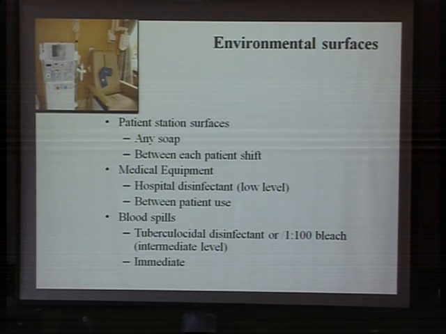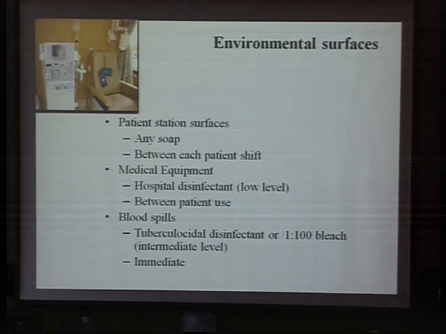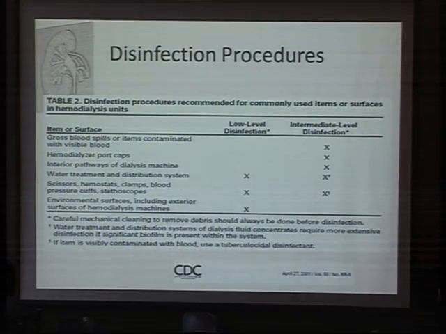So low level if it's not soiled by blood. But if it's soiled, clean, then use an intermediate-level disinfectant, or tuberculocidal agent, or 1 to 100 chlorine solution. The protocol from the CDC is the same as I gave you, the disinfection procedure.